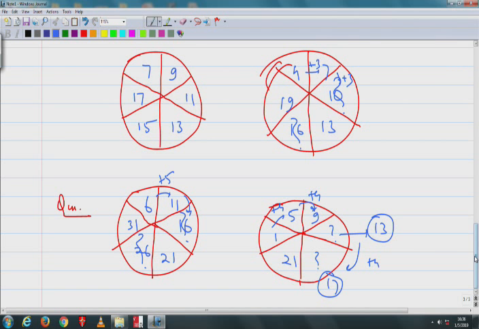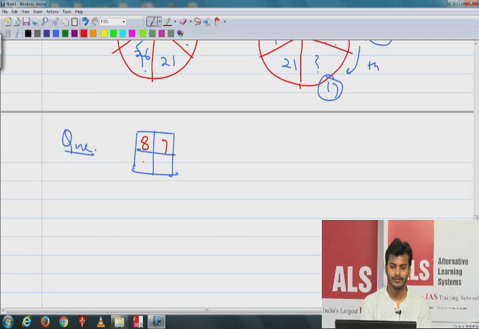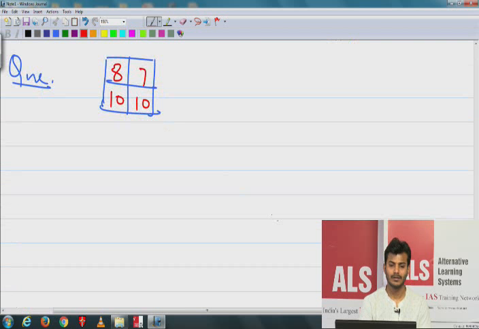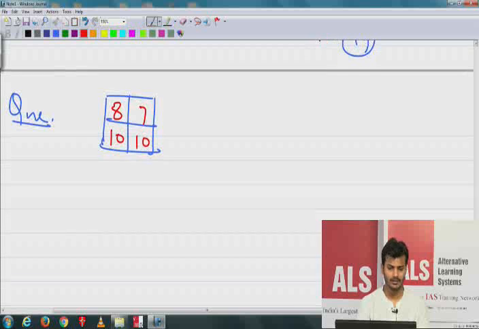So next question is, this is 8, 7, 10, 10. You can see that, right? 8, 7, 10.